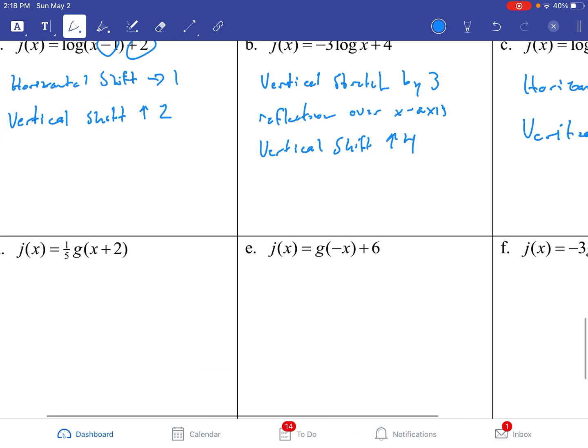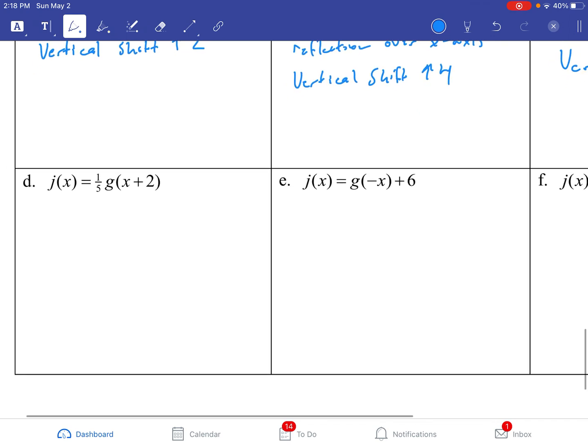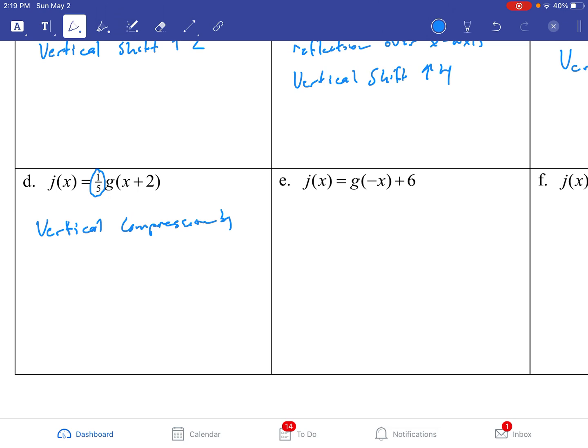All right, now let's look at the other notation of our equations. We have two things happening. We have a multiplication on the outside of the function, which is a vertical compression by 1/5. All right, and then we have something being added on the inside of the function. This +2 is going to be a horizontal shift.